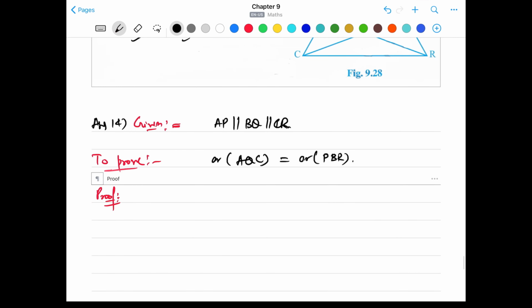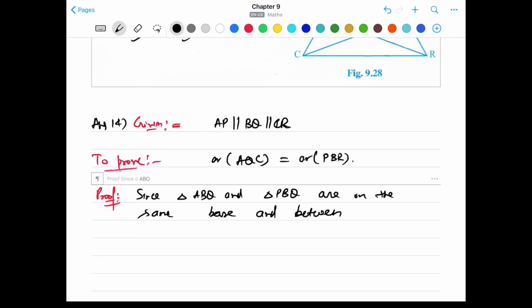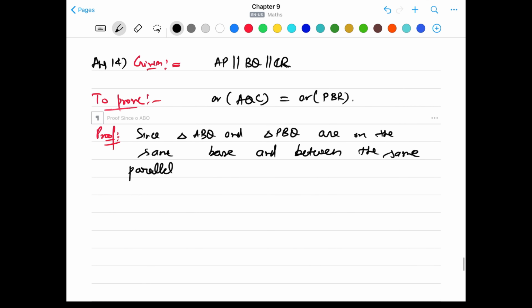Okay, so we'll write: since triangles ABQ and PBQ are on the same base and between the same parallel, their same base is BQ and between the same parallel AP and BQ.